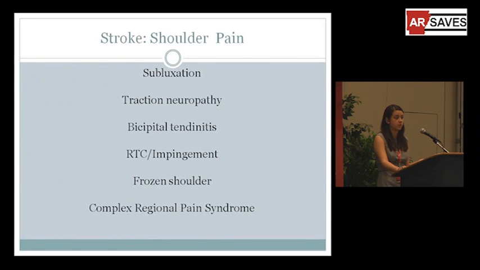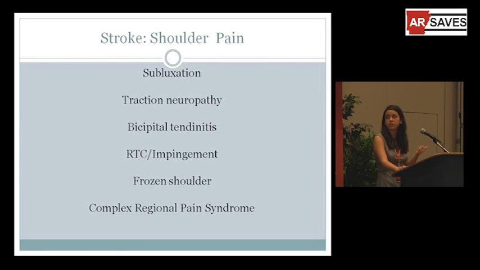Then shoulder issues are a big problem that we see in the rehab setting, both inpatient and out. Problems can include subluxation, which is just loosening of the joint because of the weakness in the muscles, and traction neuropathy, bicipital tendonitis, so overuse tendon injuries in these shoulders, impingement signs, frozen shoulders, and then complex regional pain syndrome, which is just a neuropathic pain syndrome that occurs in these patients.